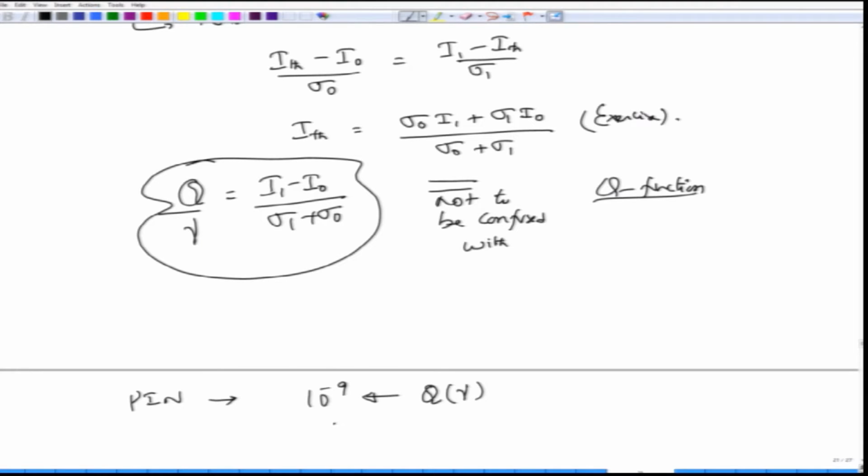And this gamma should be around 6 dB for the case where you are considering 10 to the power minus 9 bit error. Okay. And this gamma is the one that goes into this particular expression. So, if you have received a certain power, then the Q factor that you set is the expression that goes into the Q function. This ratio of the current to the sigmas is the one that actually determines the Q factor that goes into the Q function, which then determines what would be the probability of error.